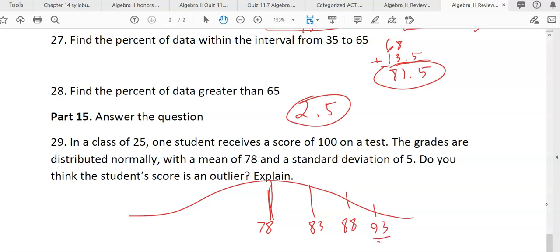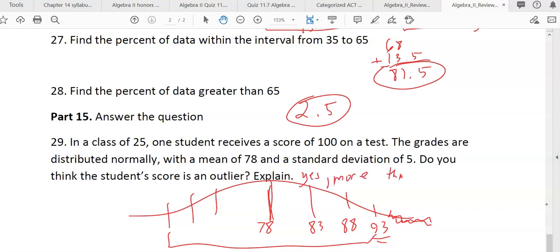So 93 is 3 standard deviations away. In each direction, that's 99.7% of the data. So this is outside of that. 100 is somewhere over here. That's extreme, so yes, more than 3 standard deviations away from the mean. So yeah, that's it.